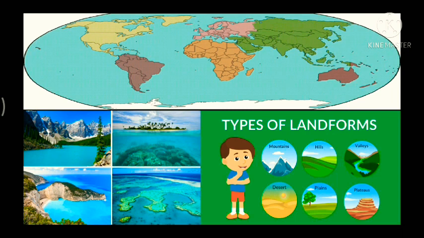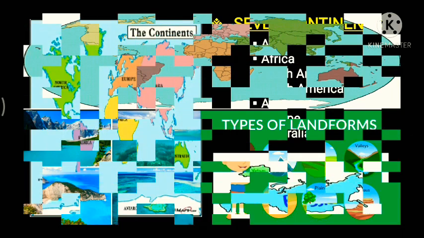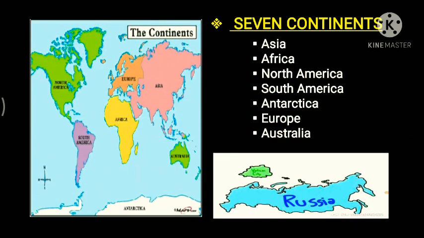Now, if we see the continents, there are 7 continents in the world, and they are Asia, Africa, North America, South America, Antarctica, Europe, and Australia. There are many countries in each of these continents. In terms of area, Russia is the largest country, and Vatican City is the smallest country.